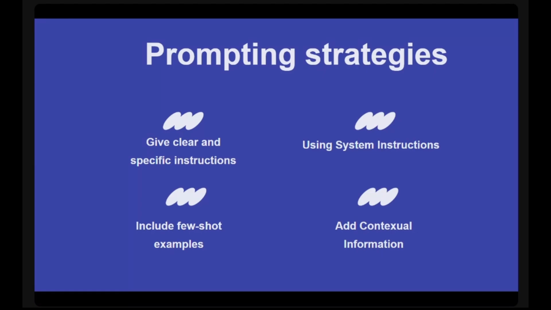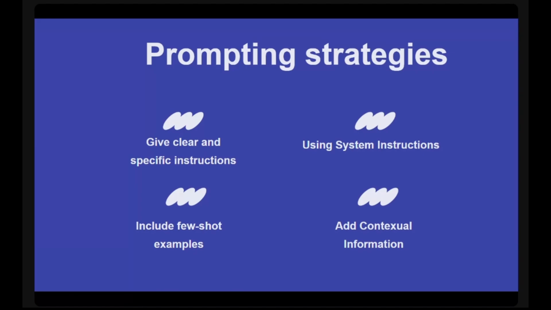And the next strategy is to add contextual information. So you have written in your prompt how the AI needs to behave. You have given it the clear and specific instructions. You have attached the snapshots of the output that you require the AI to generate.